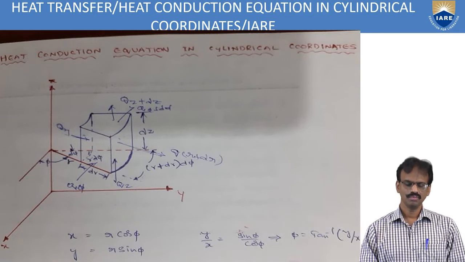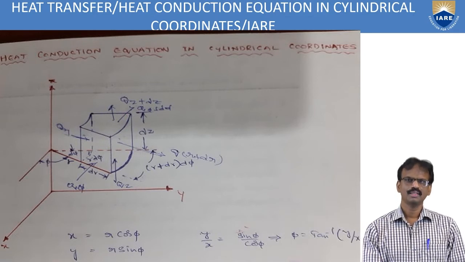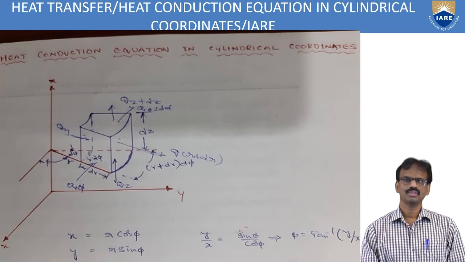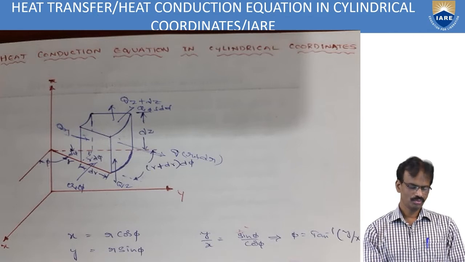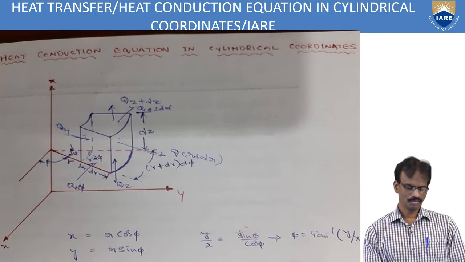Similarly to the Cartesian coordinate system, we will take some elemental area, that is the cylindrical elemental area. As shown in the figure, you can take the x, y and z directions. Take the elemental cylindrical piece.